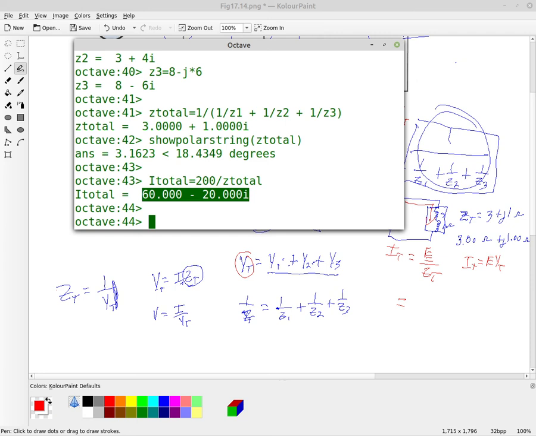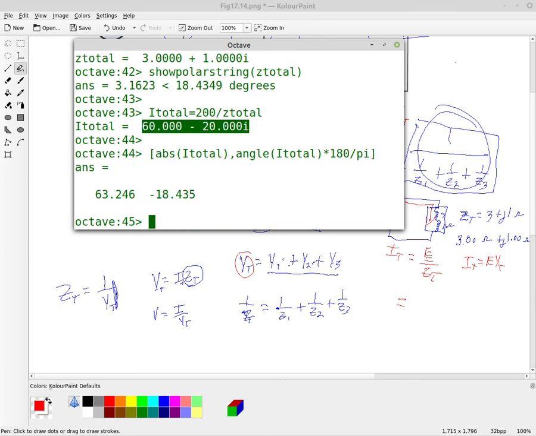If you don't have this polar function that I built, all it is is taking the absolute value of I total, comma, and then taking the angle of I total. But remember, the angle gives it to us in radians, so we have to multiply it by 180 degrees and then divide by pi radians.